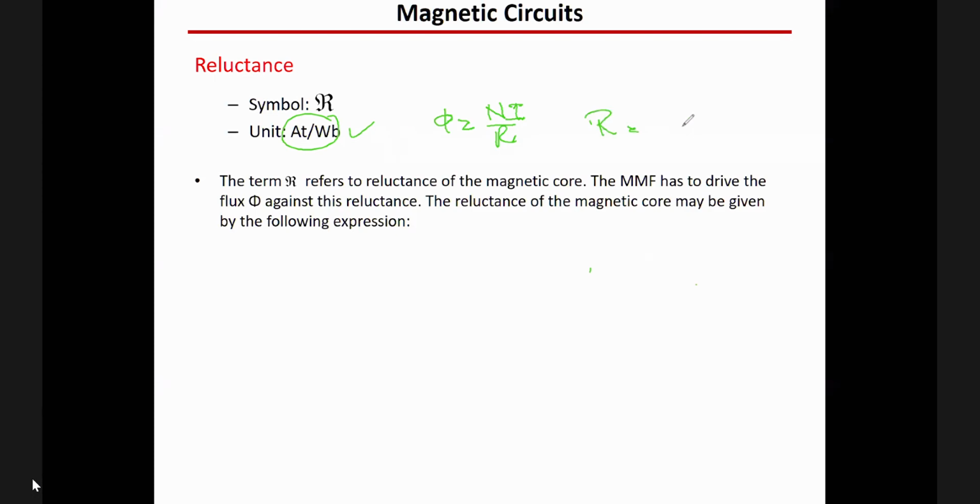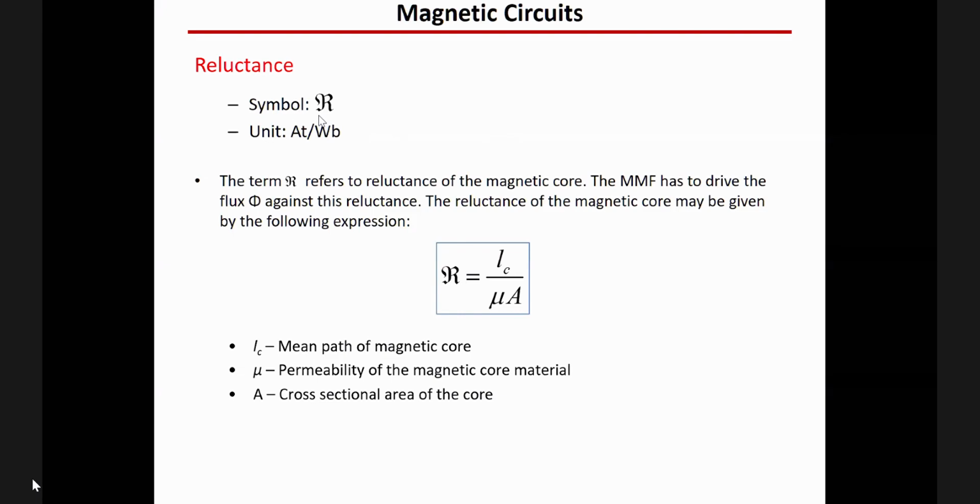Ni over the flux. Exactly. So yes, the unit will be: amp indicates the current, T the turns, Weber for the flux. This is just to explain where we get the unit from. So it's the reluctance of the core.